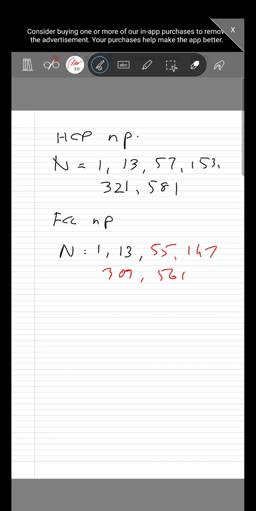So we take the difference between the HCP number and the FCC number, delta n. It is 2 for 57 and 55, then 6, then 12, and then 20. 2, 6, 12 and 20.